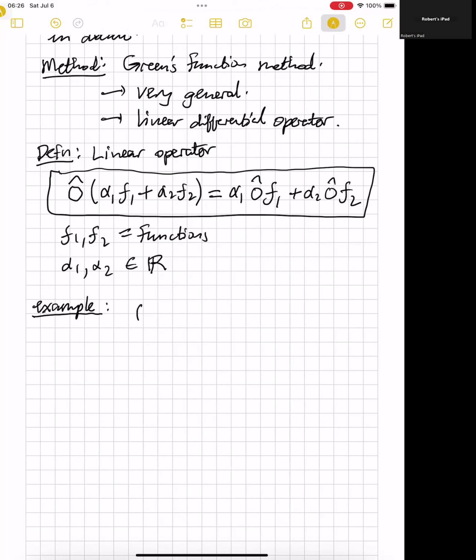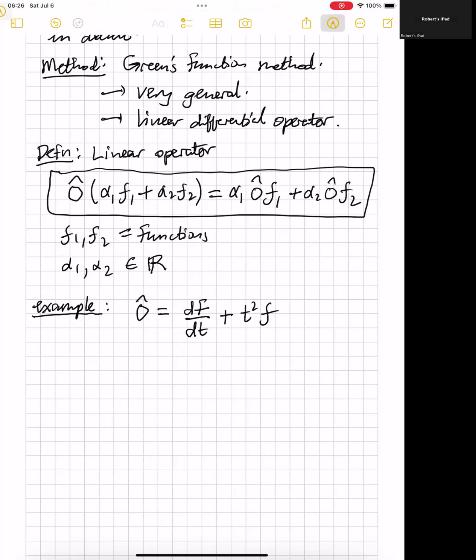So let's say Ô is equal to d/dt plus t² times. I'm only thinking about an ordinary differential operator, differentiating with respect to a single variable, but let me stress that the definition we've given here would work no matter how many variables we are differentiating with respect to.